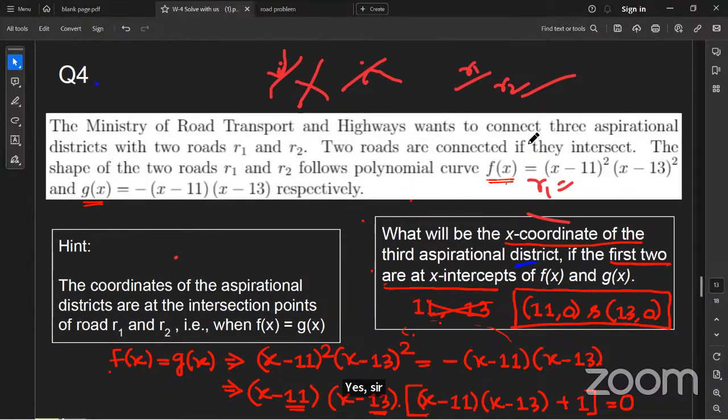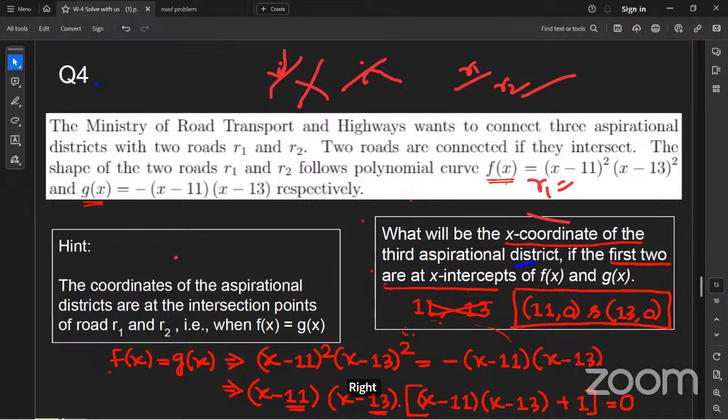So it means that the roots of this f(x) equals g(x), or f(x) minus g(x) equal to 0. The solution of this equation will give me all the 3 coordinates of the cities, right?